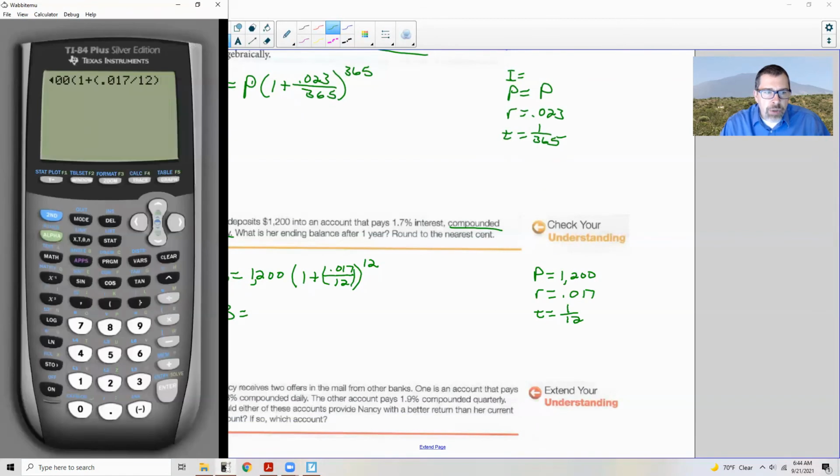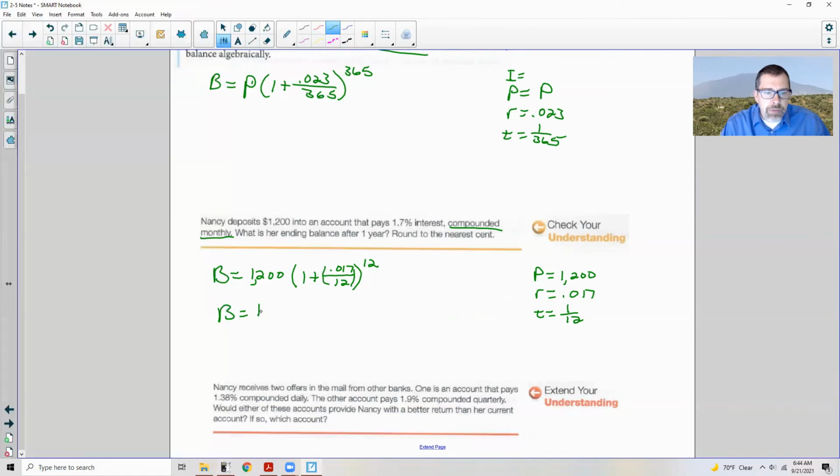Okay, then I need to close the parentheses again and take it to the power of 12. And when I hit enter, I get my new balance of 1,220.56. So if I want to know what I is, all I do is take my new balance and subtract my principal, and it's $20.56.